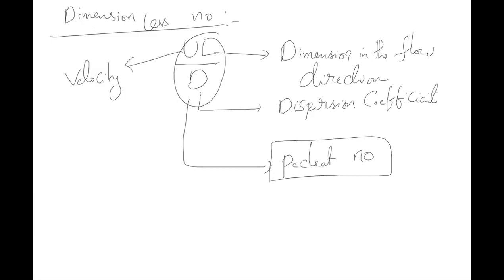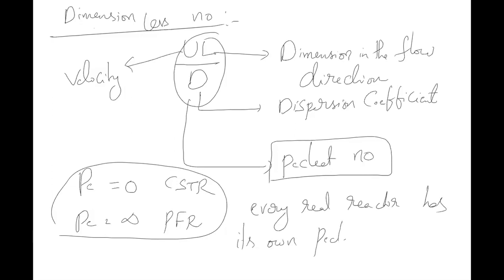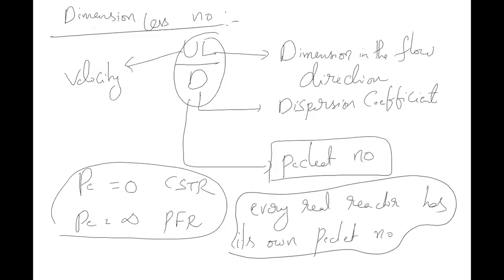When my Peclet number is equal to 0, it is a CSTR. When my Peclet number is equal to infinity, it becomes a PFR. Every real reactor has its own Peclet number, depending on its dispersion, and that Peclet number should be between 0 and infinity only, no?